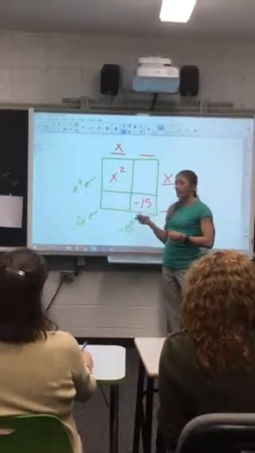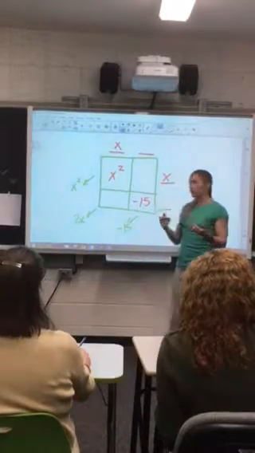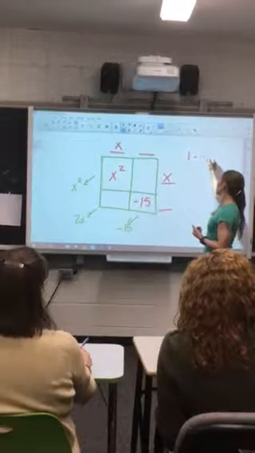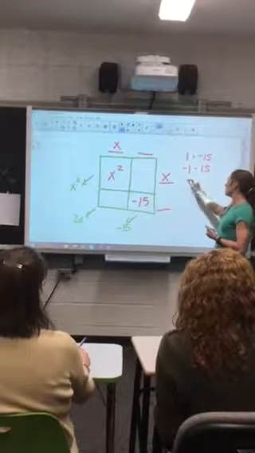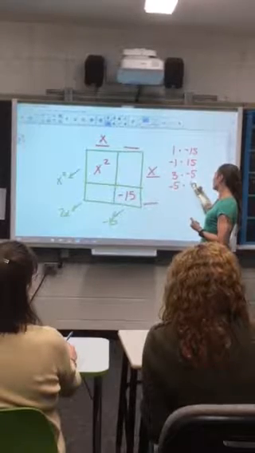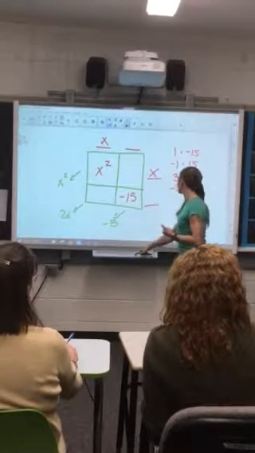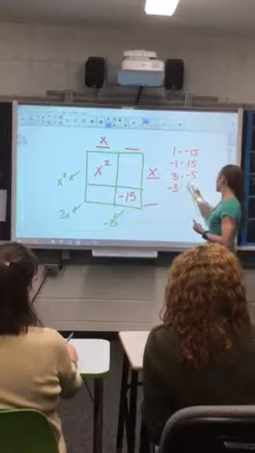So I can start with the factors of negative 15, but I have multiple factors of negative 15, right? So I have 1 times negative 15, negative 1 times 15, 3 times negative 5, and negative 3 times 5.